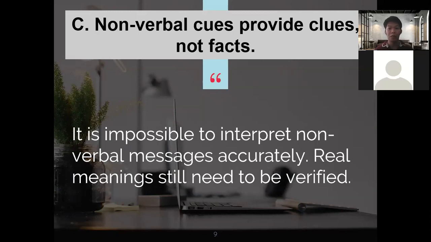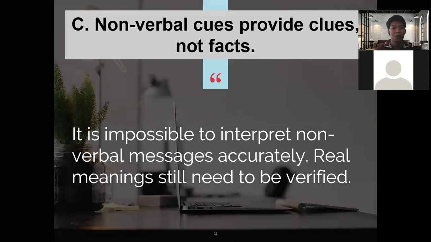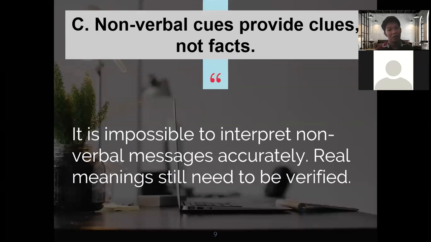So sometimes we misinterpret people just because they stare at us or they're looking at us, without knowing what's the real intention or what's the meaning behind those looks, those stares. So it's hard to know the facts when it comes to nonverbal communication.